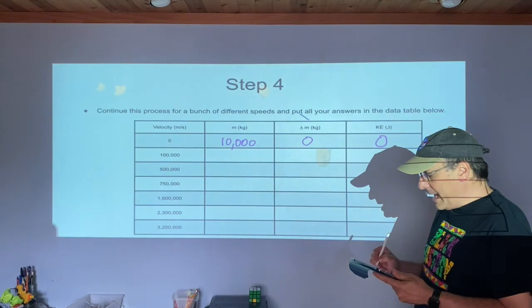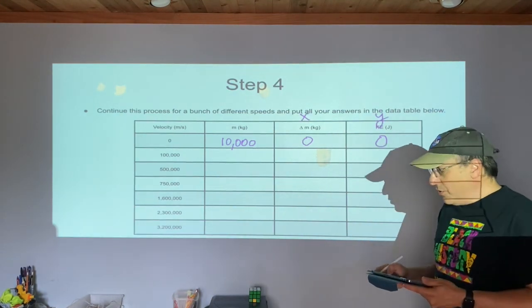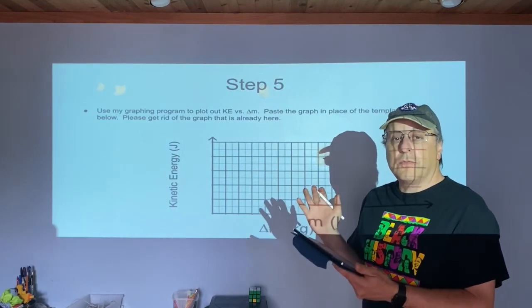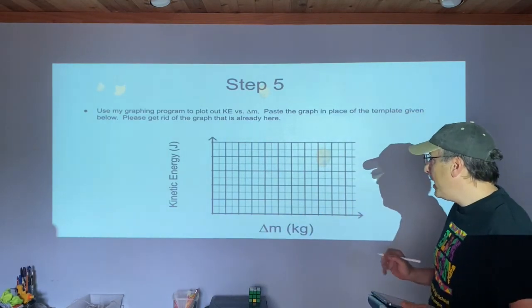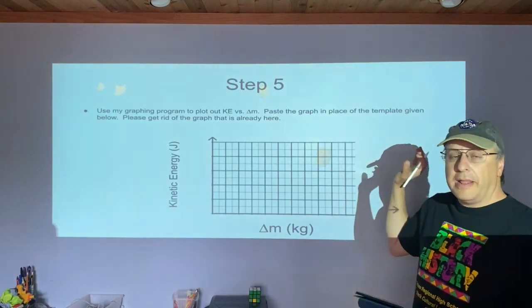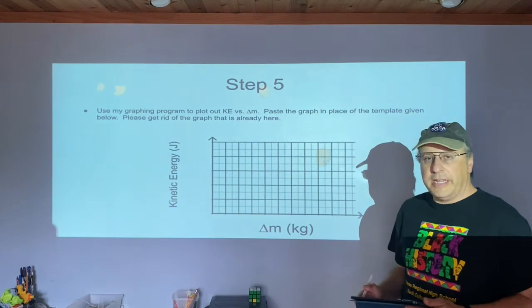So this is your X, this is your Y. When you graph this, you're going to get a really important relationship, and this is consequence 4. Okay? So plot out your graph using my program and then paste it onto this program and get rid of the graph that's already here.